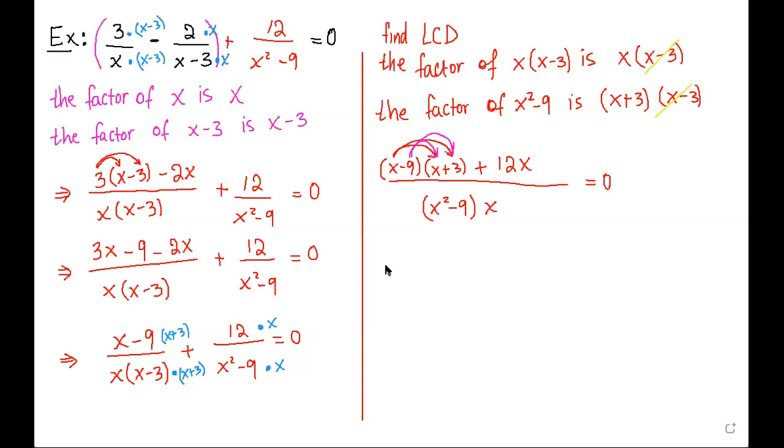So what I get here, the same, I keep it the same, times x equals 0. What I have now, x times x is x squared, yes.